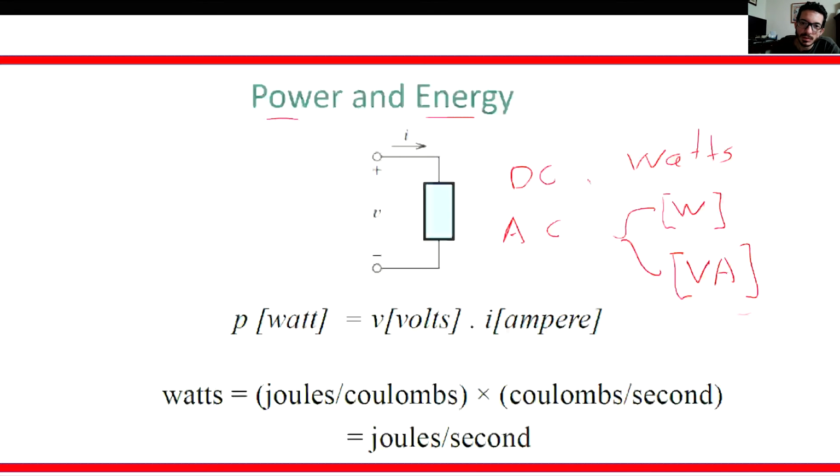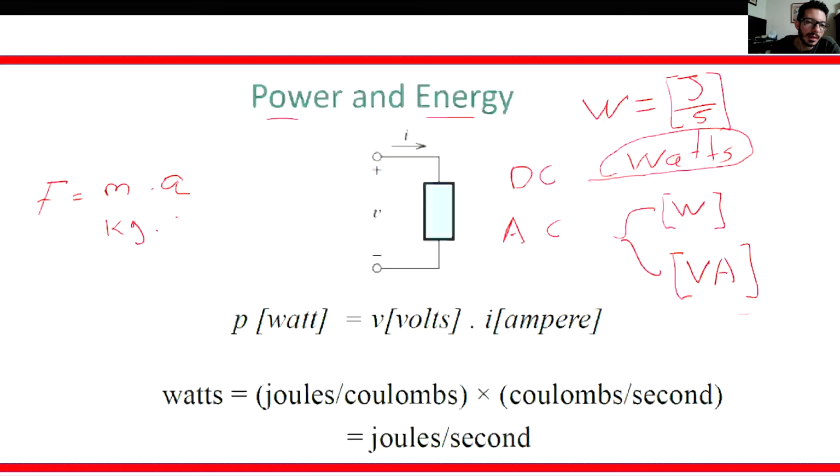For DC, the units of power are watts, and watts are basically joules per second. So joules per second is the same thing as watts. It's the same as when you have force equals mass times acceleration, where mass is in kilograms and acceleration is in meters per second squared.